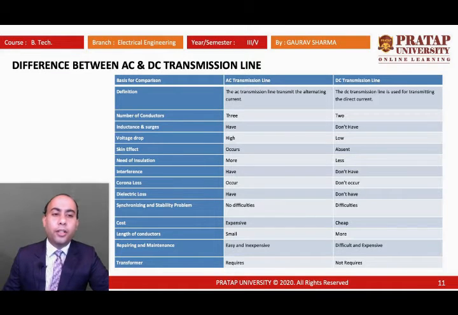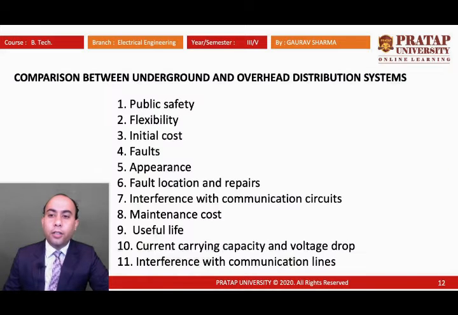When we go for the DC transmission line, it is difficult and expensive because so many converters are involved. And a transformer is required in the AC transmission line, but in a DC transmission line we don't require any kind of transformer.